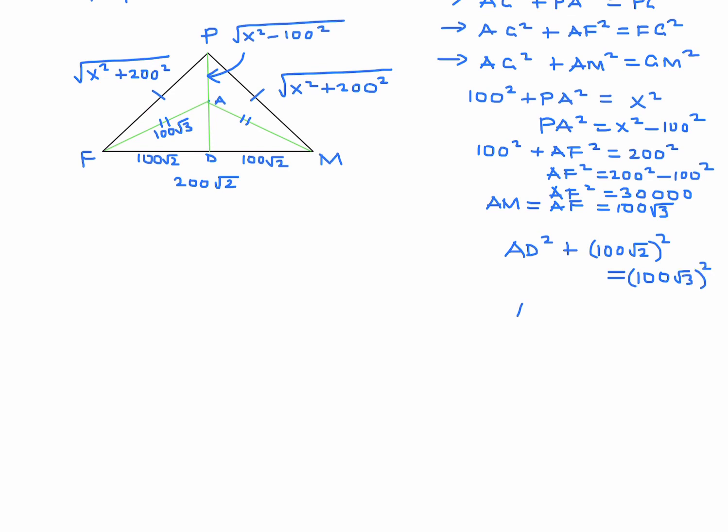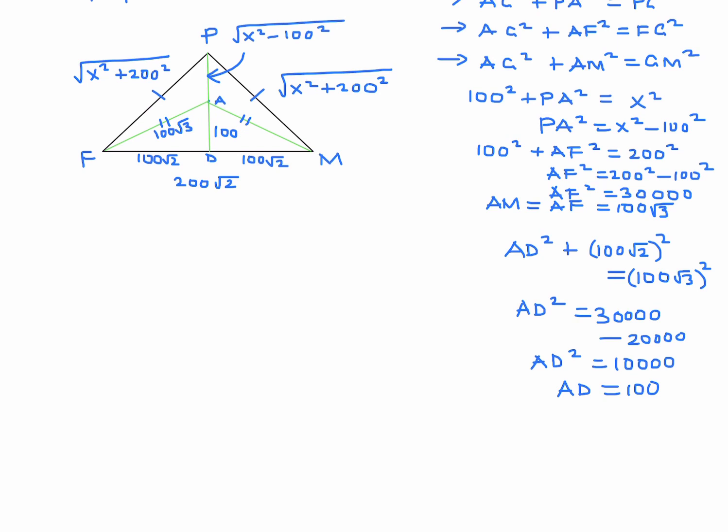So that means AD squared is equal to 10,000 times 3, so 30,000, minus 100 root 2 squared, 2 times 10,000, so 20,000. So that's 10,000, and the square root of that would just be 100. So AD is just 100, so that works out very nicely. So this guy AD is 100. Okay, I think I'm ready to solve.